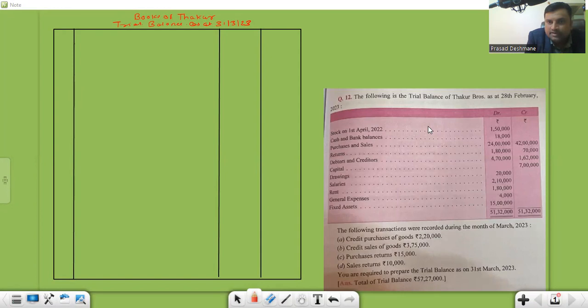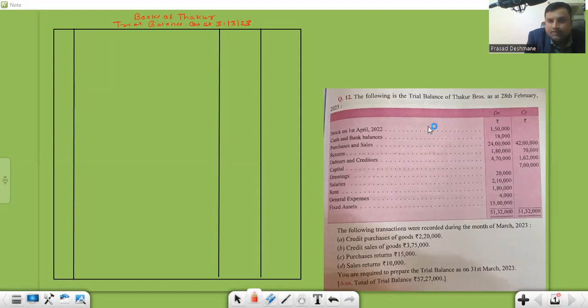And when we bought goods on a credit basis, the second item which will be affected is creditors. So put a tick mark on creditors as well. Then they say credit sales of goods rupees 3,75,000. That is also not included, so put a tick mark on sales. And when we sold goods on a credit basis, debtors will also be affected, so put a tick mark on debtors as well.